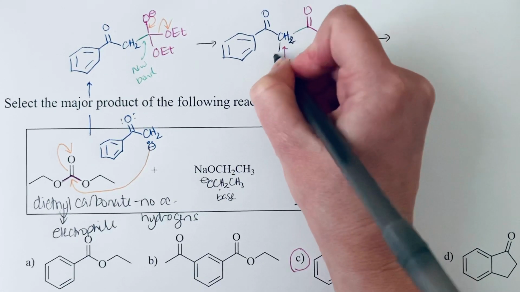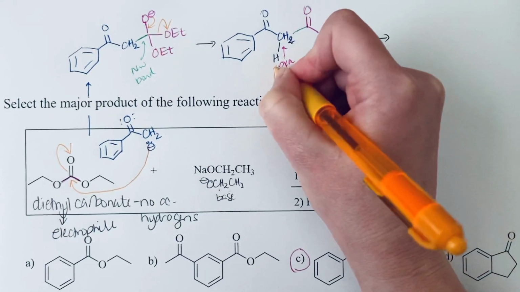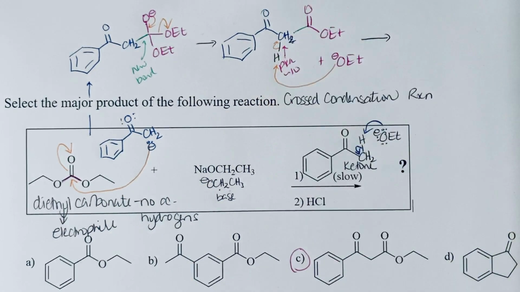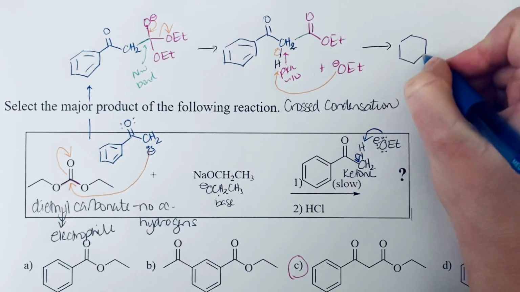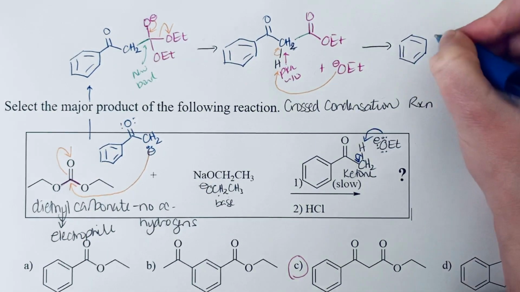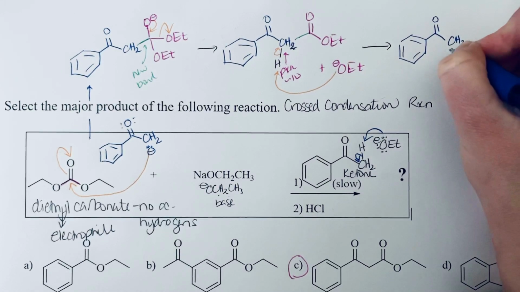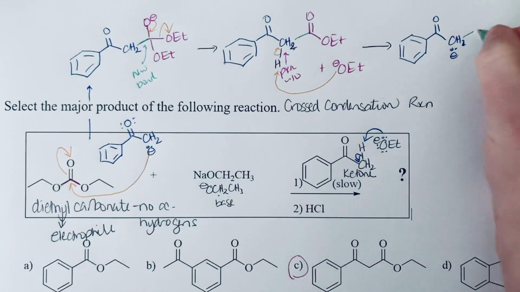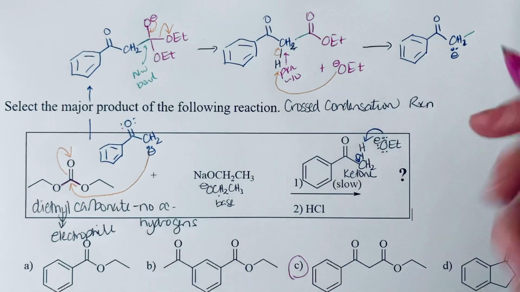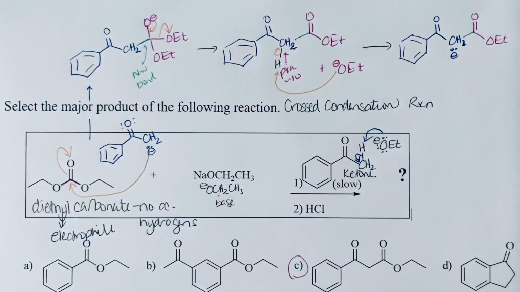protons. So you can draw it out, and we can show the ethoxide removing that proton. And this is a favorable step forward and actually tends to drive this reaction towards the products, much like we saw in the Claisen condensation. And so we have the C with a negative charge there. I'll still put our new bond here in green, and then the ethyl ester that came from the carbonate.